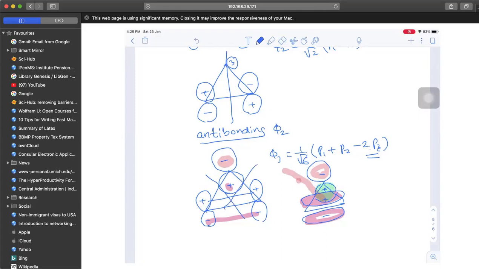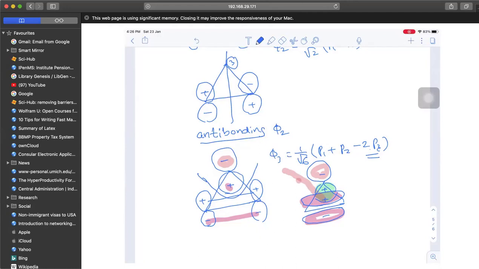I'm not talking about the plane node. This is actually a node of this shape. It is a nodal surface. It is not a plane, unlike the previous orbital.